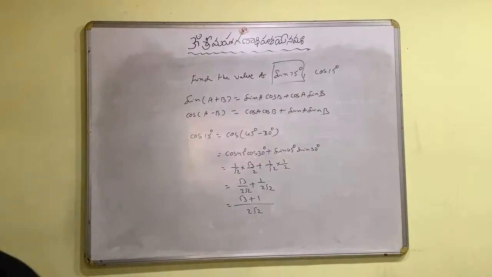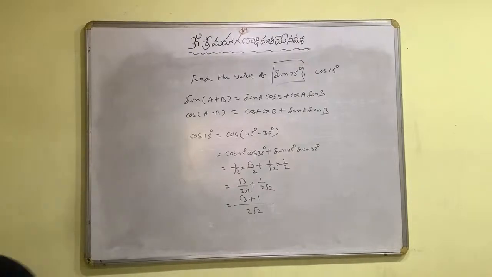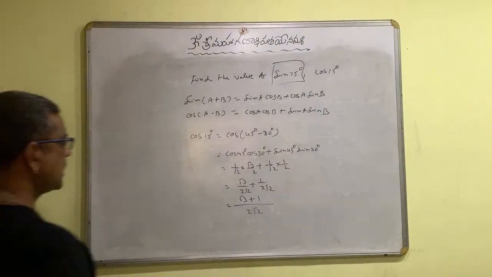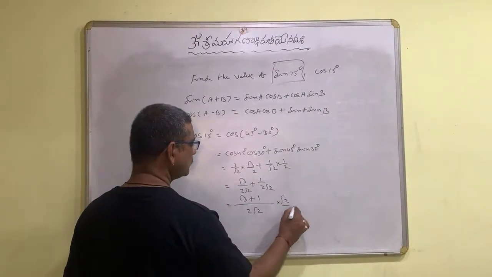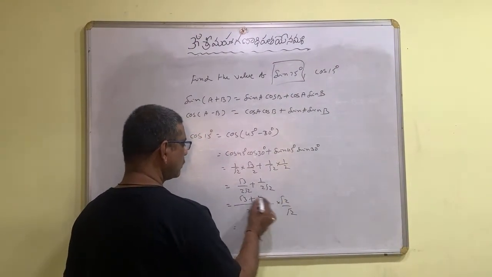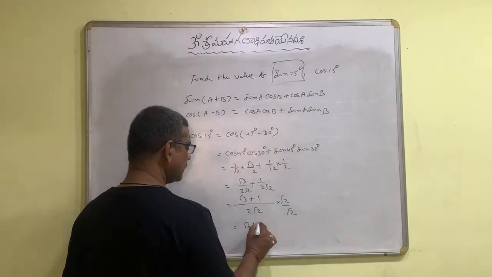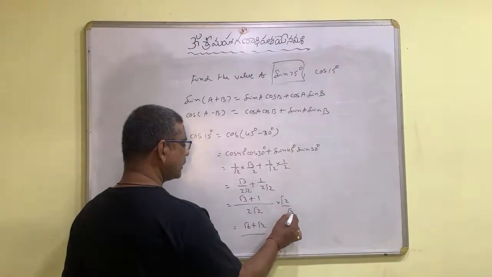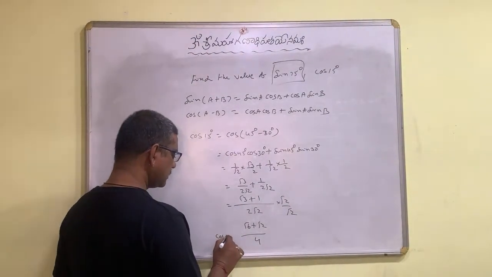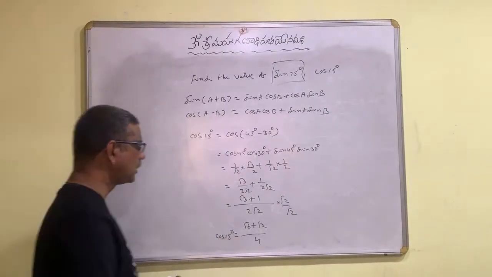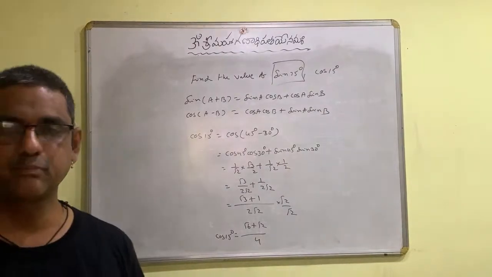So again rationalization, into root 2 by root 2. Root 2 into root 3 is root 6, root 2 into 1 is root 2, 2 root 2 into root 2 is 4. So cos 15 degrees is equal to root 6 plus root 2 by 4.